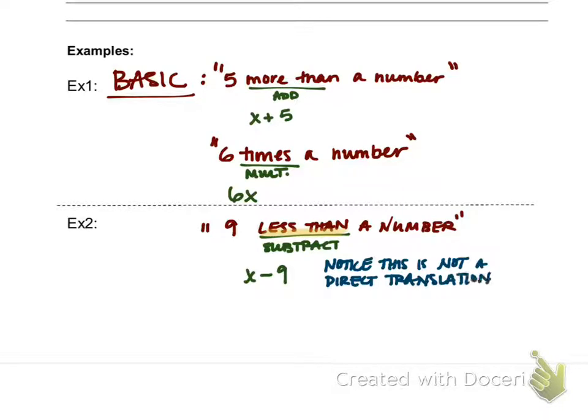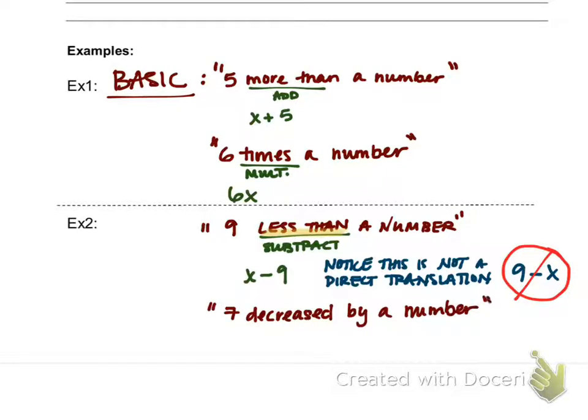When I say not a direct translation, I don't write the 9 first, and then the subtraction sign, and then the x as the number I'm trying to find. Because really, I start out with the number I don't know, and I take 9 away from that number, which is why we want to have it say x minus 9 as opposed to 9 minus x. So don't write it as a direct translation when we're using the words less than.